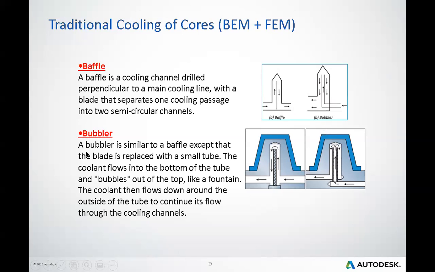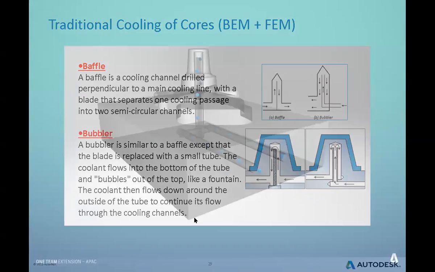But the bubbler is different. The bubbler is similar to a baffle, except that the blade is replaced with a small tube. You can see the small tube. Coolant comes in and then rises like a fountain. The coolant then flows down around the outside of the tube to continue its flow to the cooling channel.